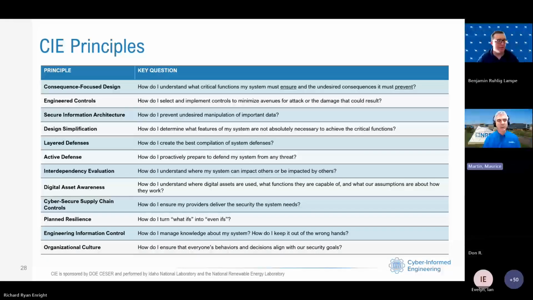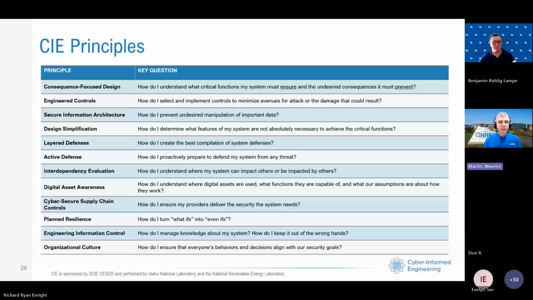Here we see the 12 principles again. And as we go through these in the context of the water pump example, one thing I ask you to keep in mind is the idea that is a driver for a lot of CIE work, which is that any digital system can be compromised given sufficient time and resources.